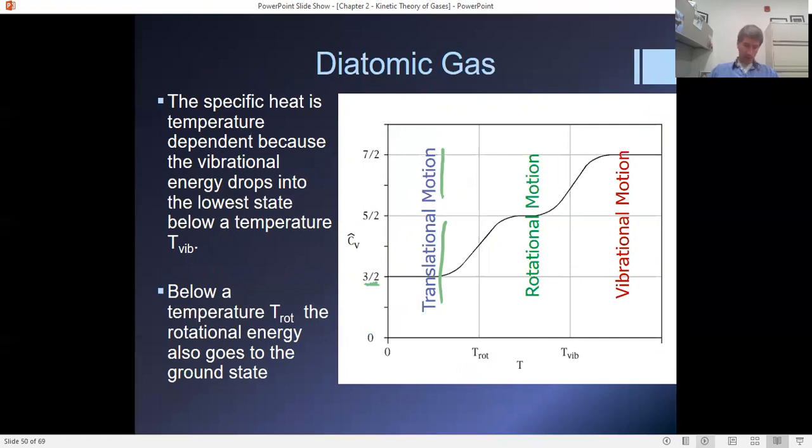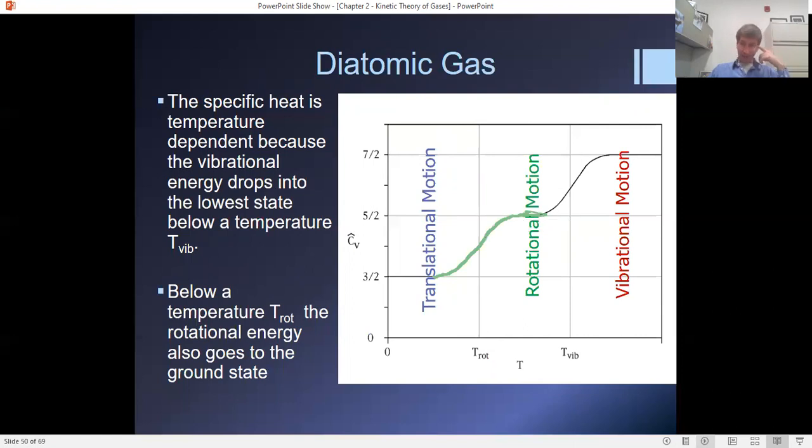But as soon as we go past this temperature, T rotational, half the molecules are now in that next state. And you can see that the molar specific heat here begins to go from this 3/2 to 5/2 until, again, it reaches a state right here.